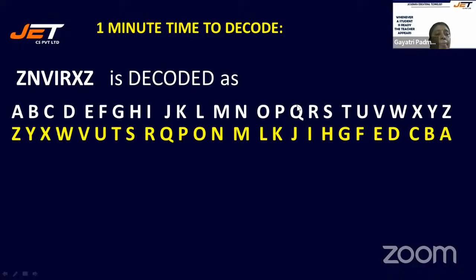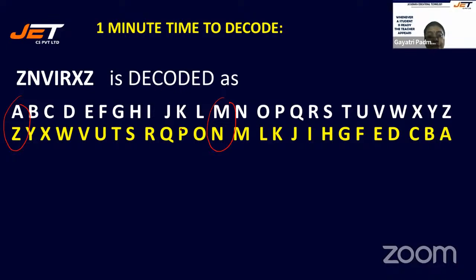We have ZNVIRXZ. So I'm sure you all will be able to do this by yourself. Anyway, let's try. So here you have Z as A. You have N here. N as M. All right.